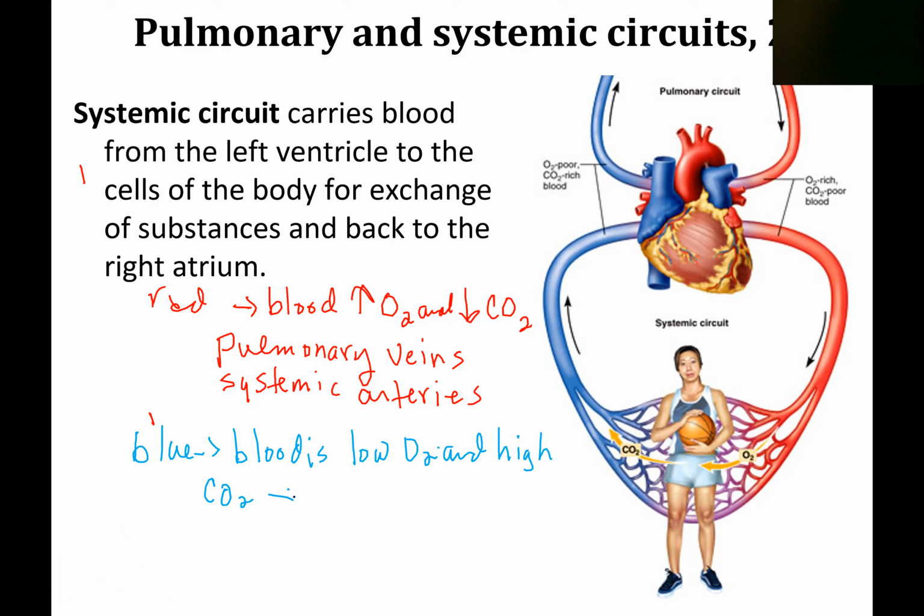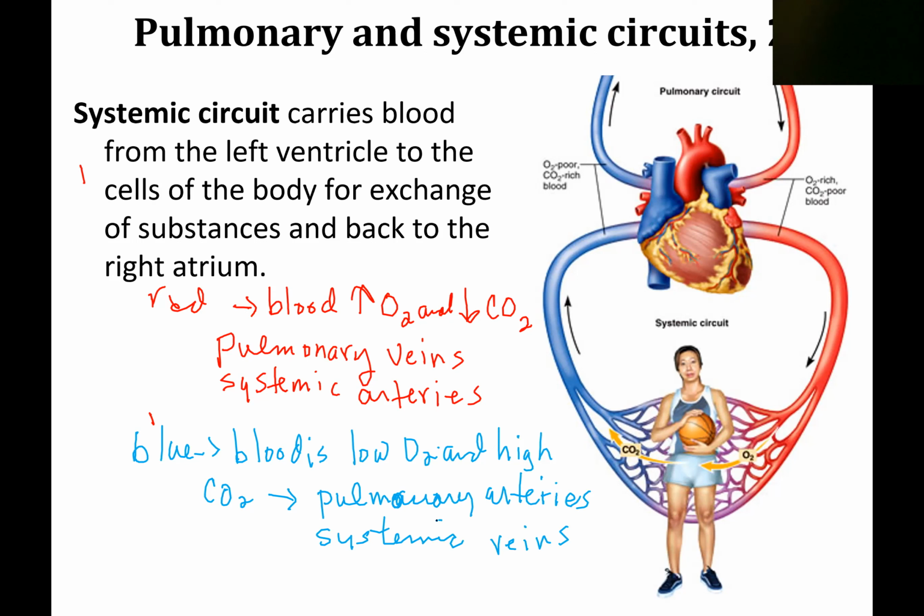That's carried by the pulmonary arteries and systemic veins.